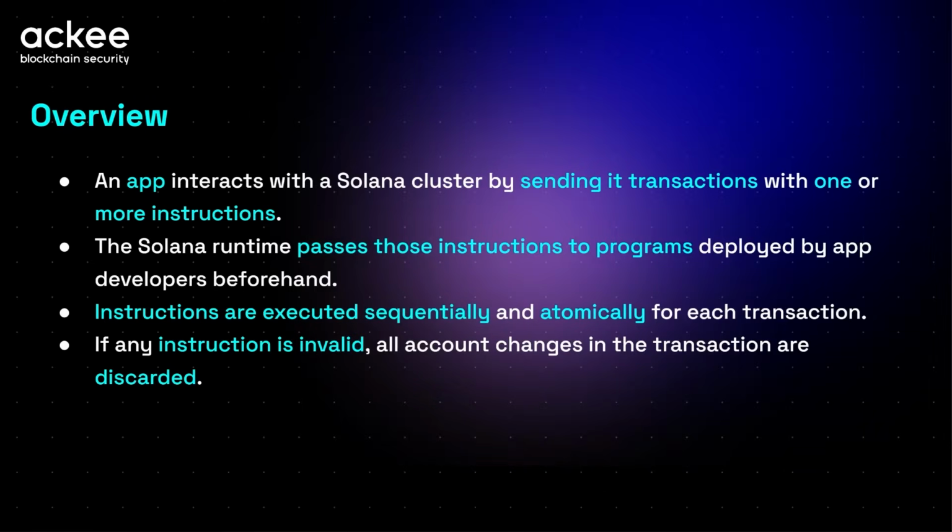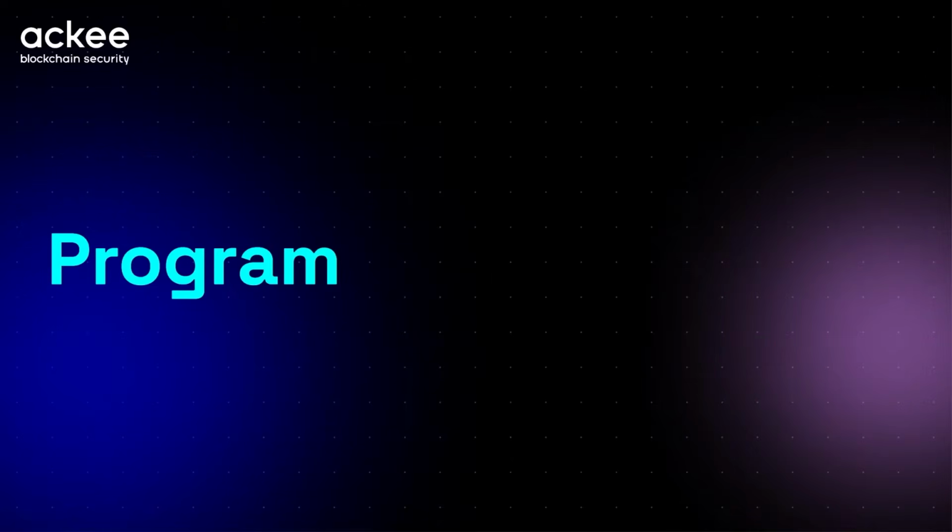This transaction is, for example, signed by you as a user if it has to be authorized by you. And then the transaction is sent to the Solana network, or to one of the Solana validators. And there the execution actually occurs. So this is the overview in general.